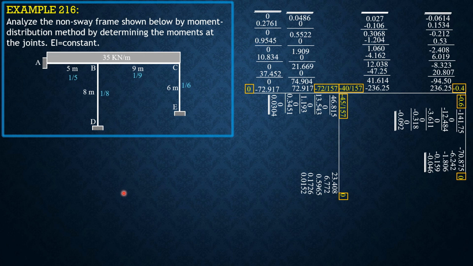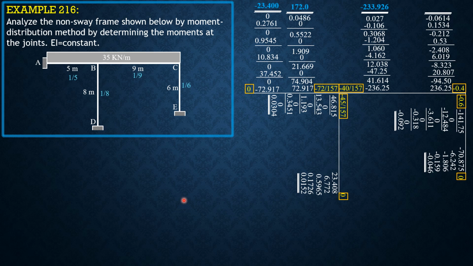Moment BA, 172 positive kilonewton meter. Moment BC, negative 233.926 kilonewton meter. Moment BD, 61.926 kilonewton meter.